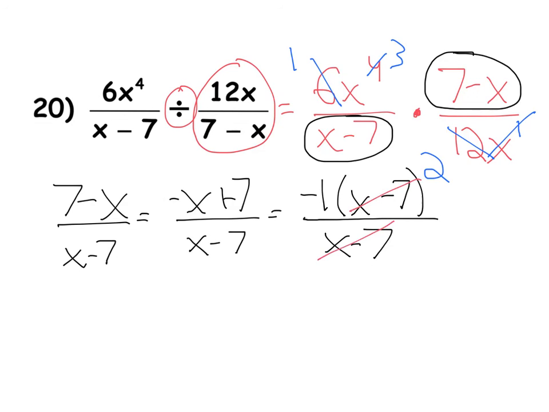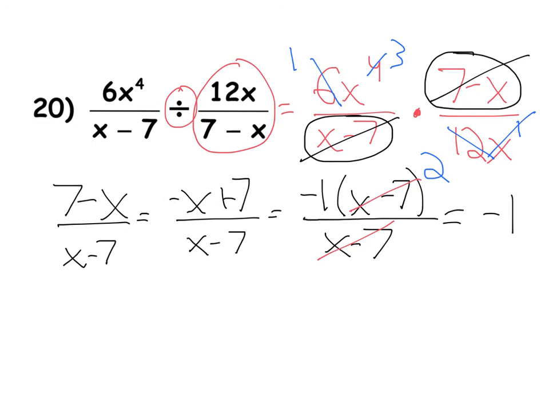X minus 7 cancels out with x minus 7. And this whole thing just equals negative 1. So, long story short, if I cancel out my 7 minus x with my x minus 7, I am going to get negative 1. That's exactly what we just showed here. 7 minus x over x minus 7 is going to equal negative 1.